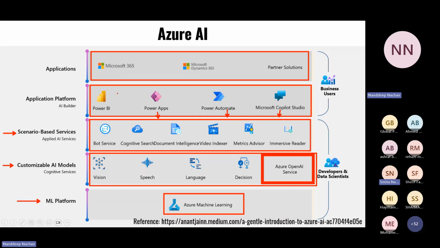When it comes to Bing, everyone knows that Bing is a Microsoft search engine that uses Azure AI to analyze large amounts of data and improve the search results for users. For example, Bing uses natural language processing to understand the user's queries and generate more relevant search results.